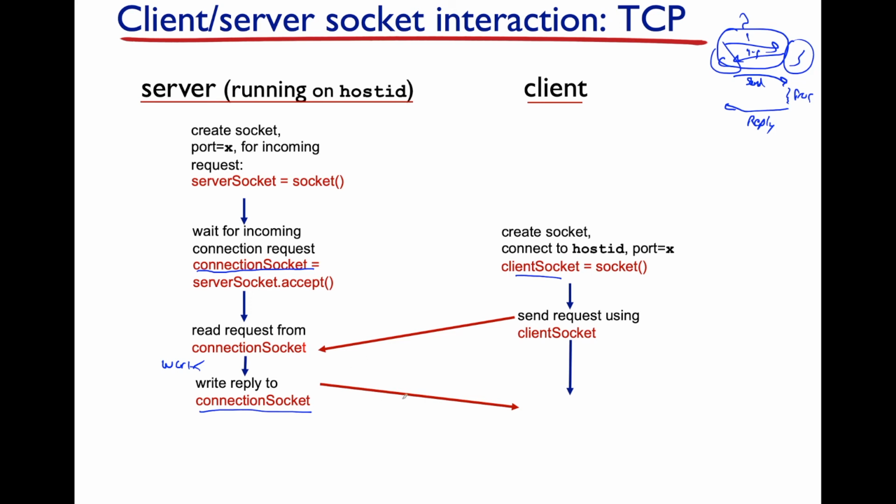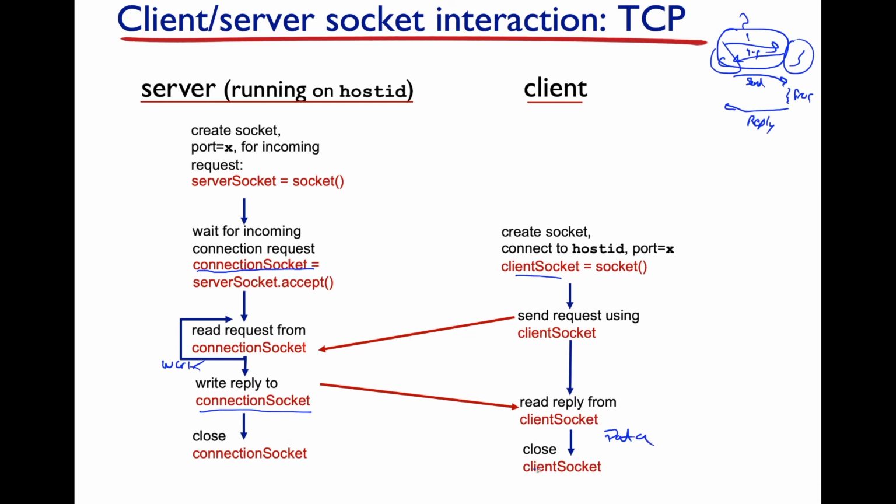Once it gets into its connection socket, that makes its way across the network to the client socket, and the client reads its side to get that reply. Server closes its end of the socket after it sends the reply, and then the client has the response from the server, and the client closes its connection.